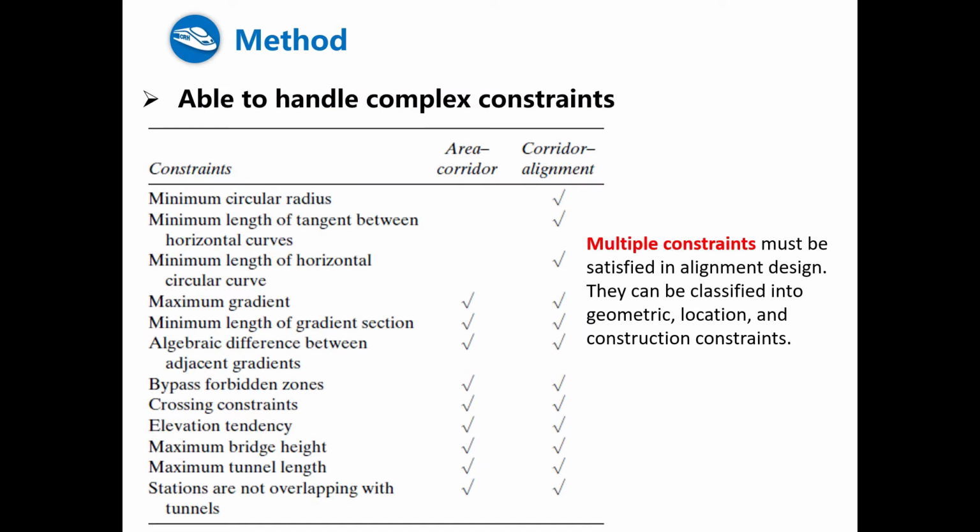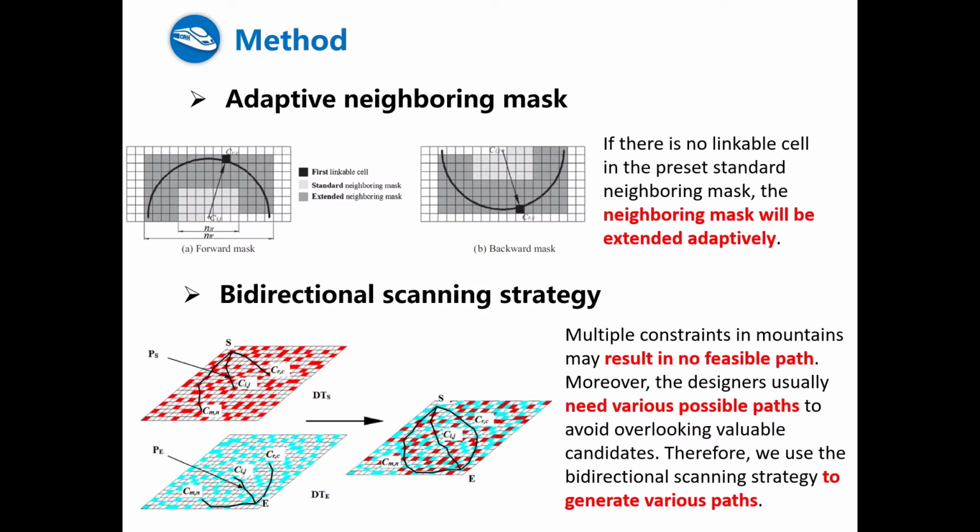Also, to handle the complex constraints, we developed several methods for handling constraints. First, an adaptive neighboring mask is designed. The basic neighboring mask in the distance transform algorithms is a multiple n metric.